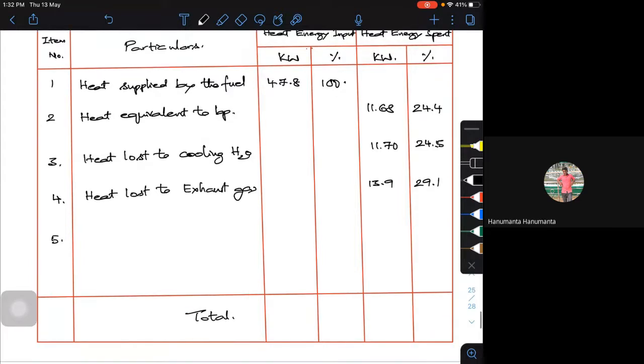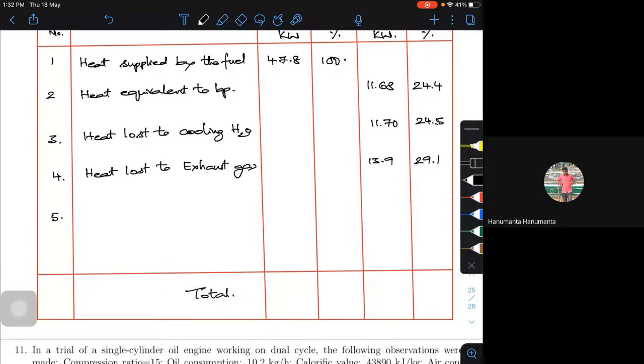Then the last one, unaccounted heat. This is by difference.